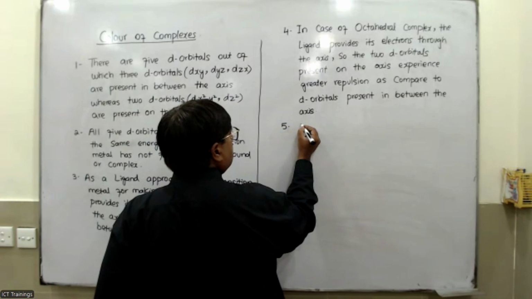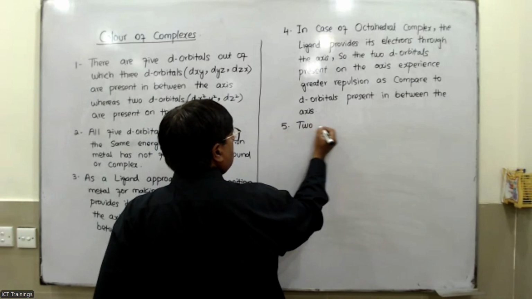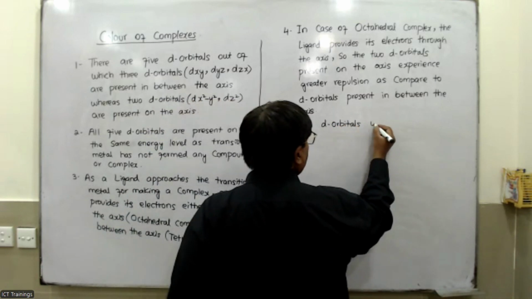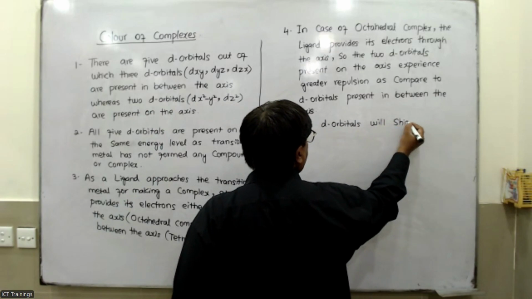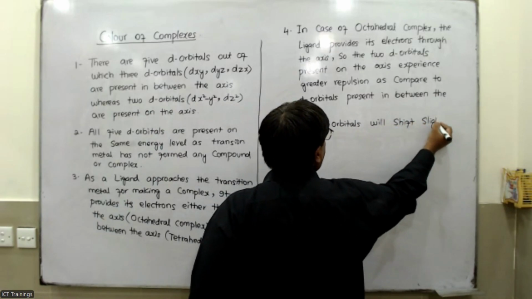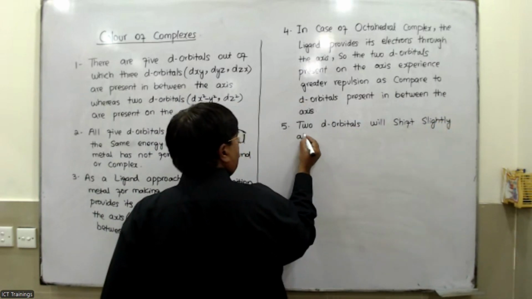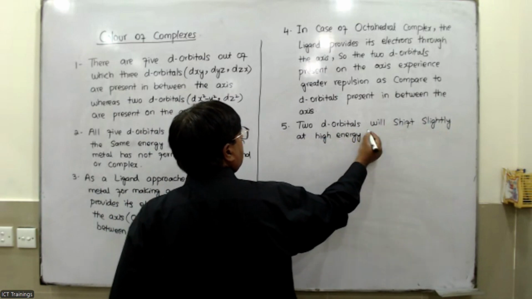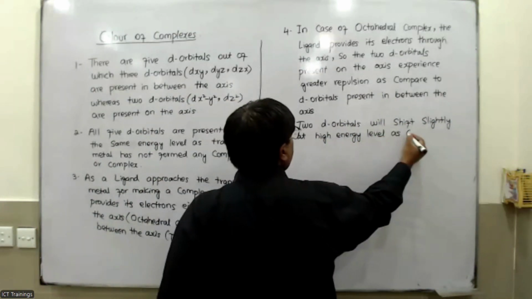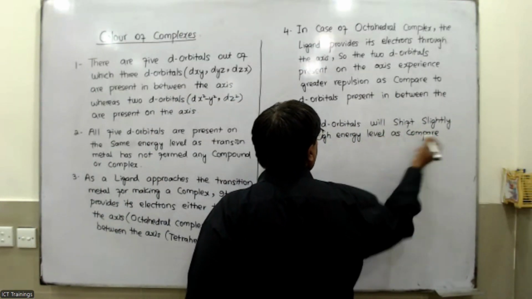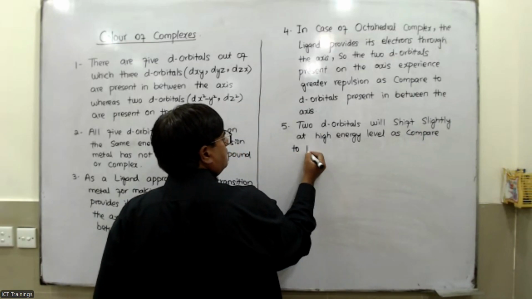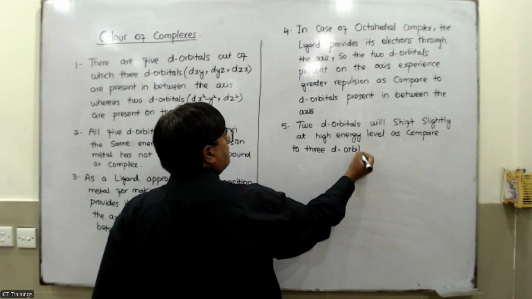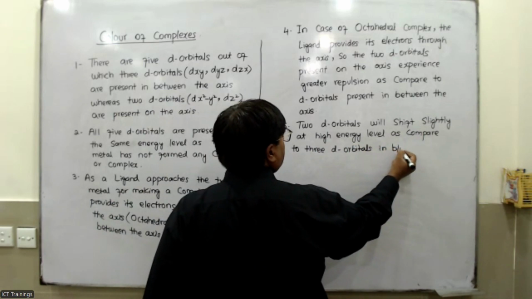The next point: the two d orbitals will shift slightly at high energy level as compared to the three d orbitals in between the axis.